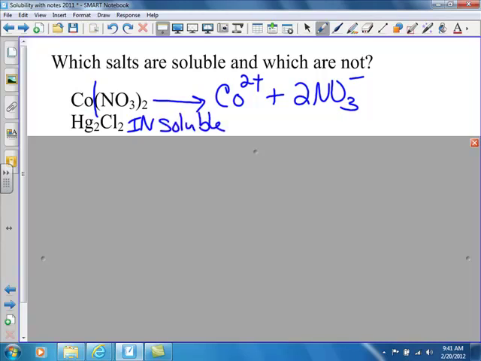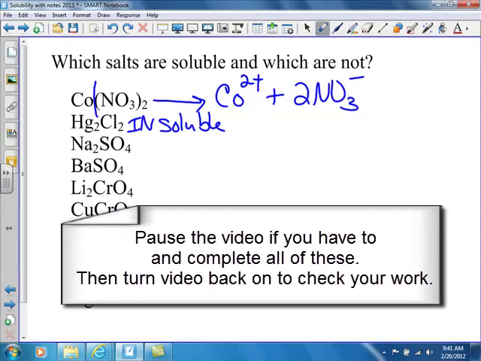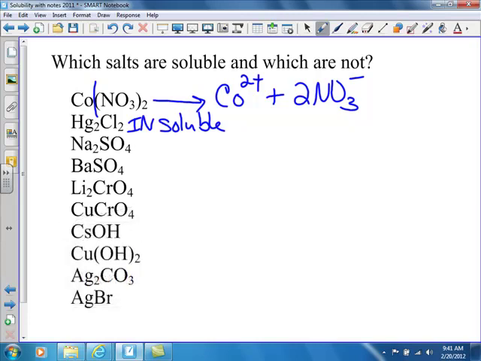What I want you to do is go down this list and pick out what is soluble and what is not soluble.